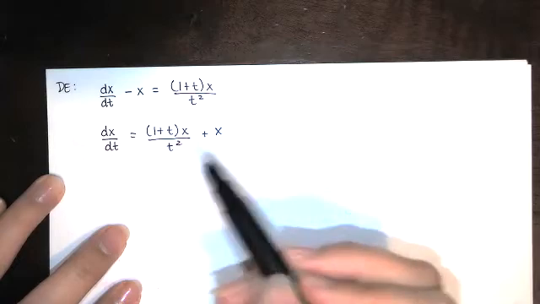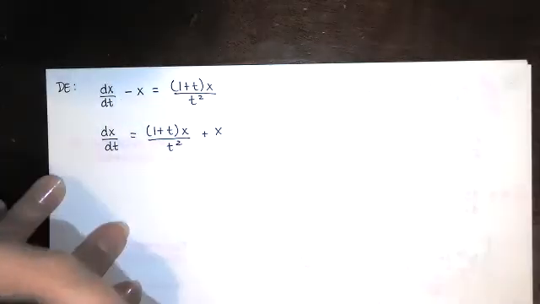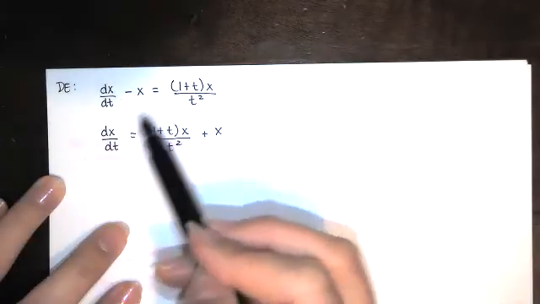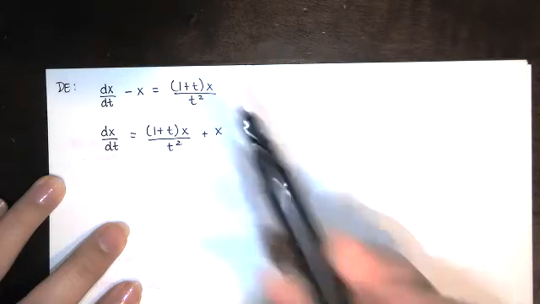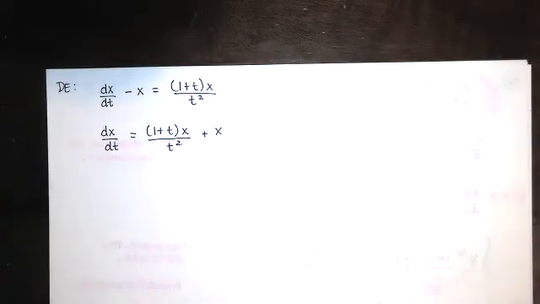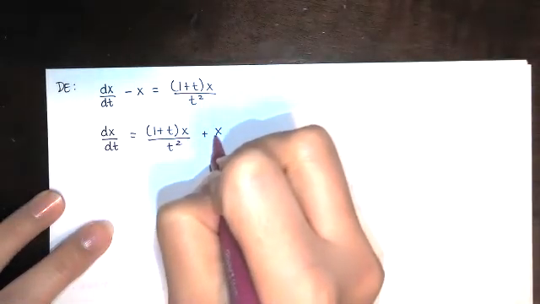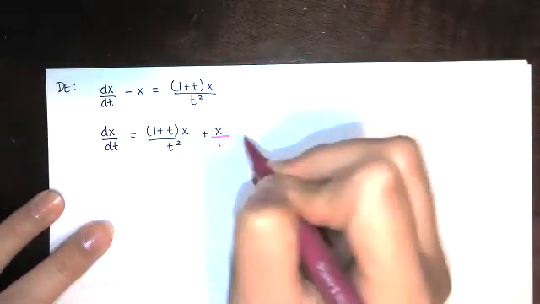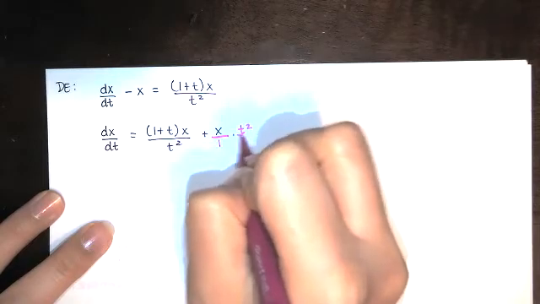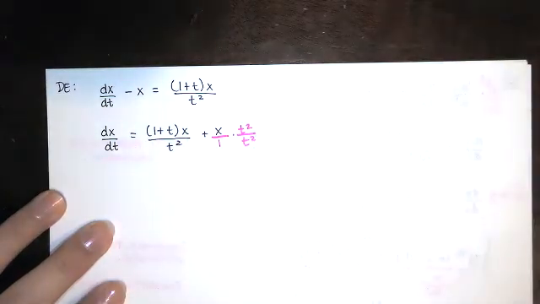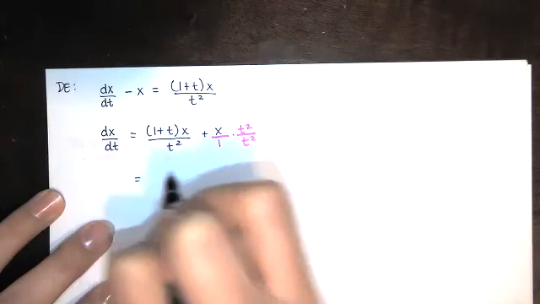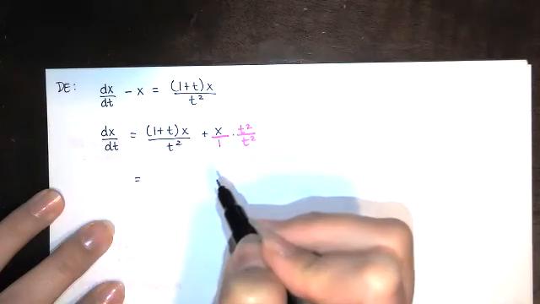But I don't really need to factor it in order to get all the x's on one side and all of the t's on the other. I really just need to simplify this as much as possible. So one way I can simplify it is to multiply this x, thinking of it as itself over 1, by t squared over t squared. And then I have a common denominator.